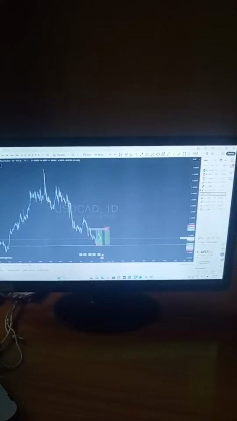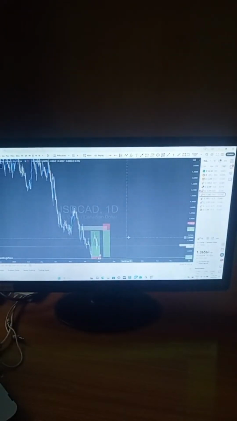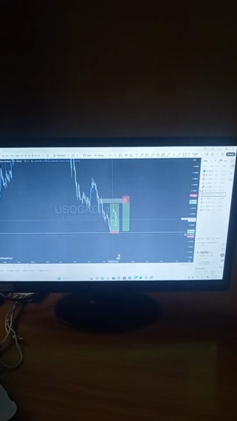I missed this trade, which was supposed to be in massive profits right now. If I took the trade, I would have been around 1:2 by now. I missed the trade on USD CAD, but we got this one, so it's cool.